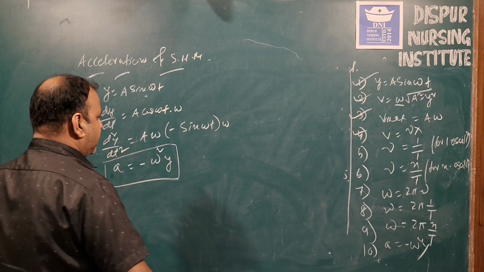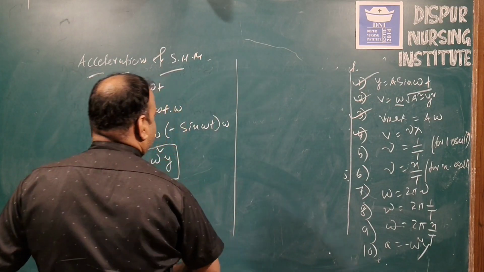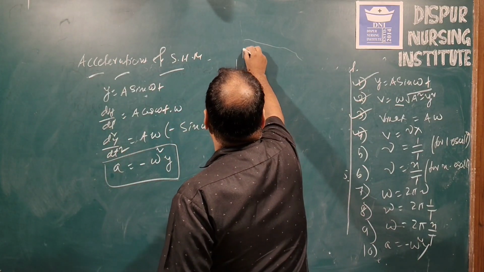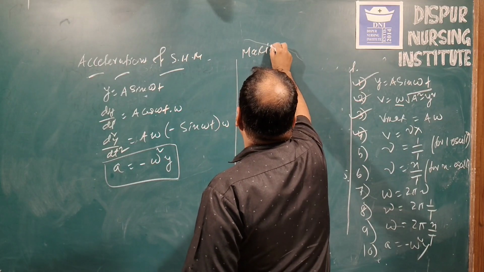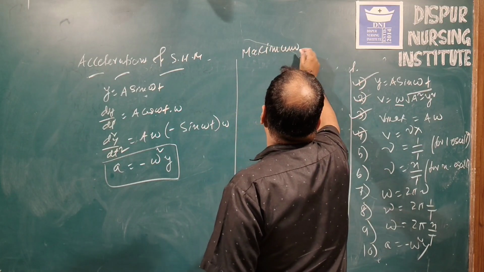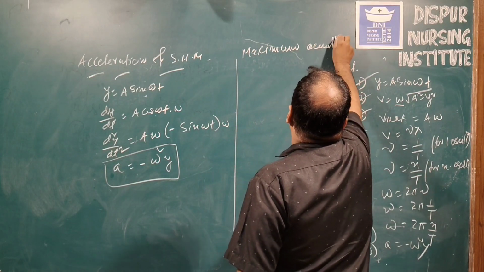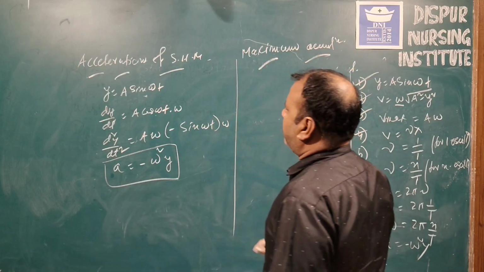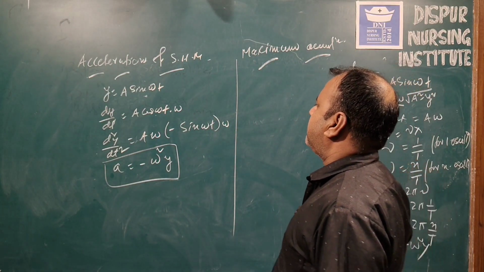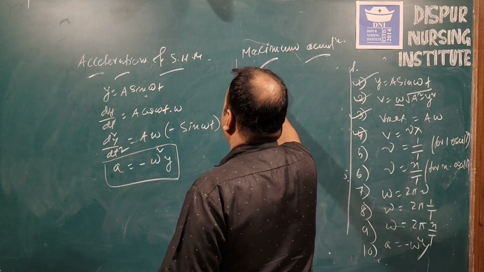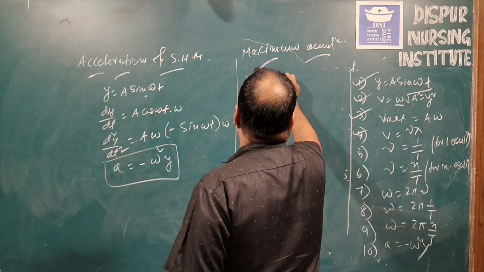Now for maximum acceleration, what is the maximum acceleration? For maximum acceleration, you always remember, suppose y is given as A sin omega t.